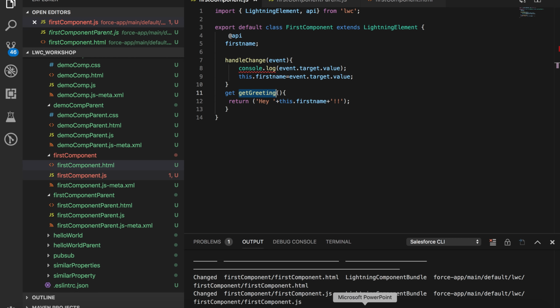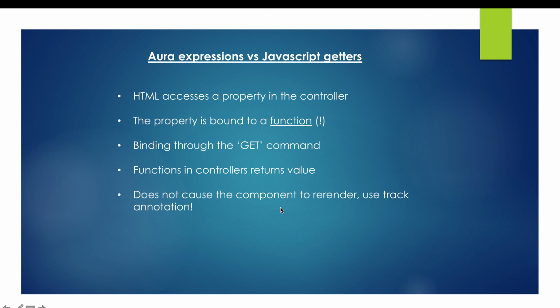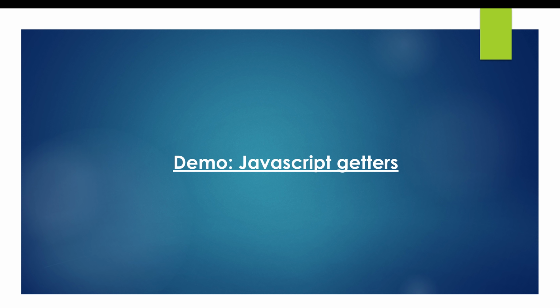Let's again go back to our slide. Okay, we are good with this. Then moving ahead, we had a JavaScript getter demo. I hope you understood how it works and why it is useful.